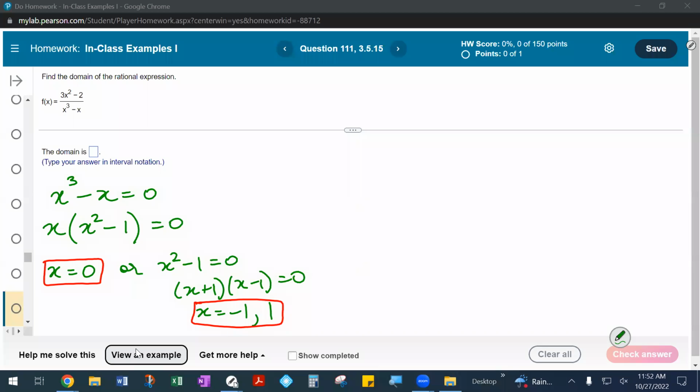So on the number line, we cannot use 0, +1, and -1. So what will our domain look like here, guys?